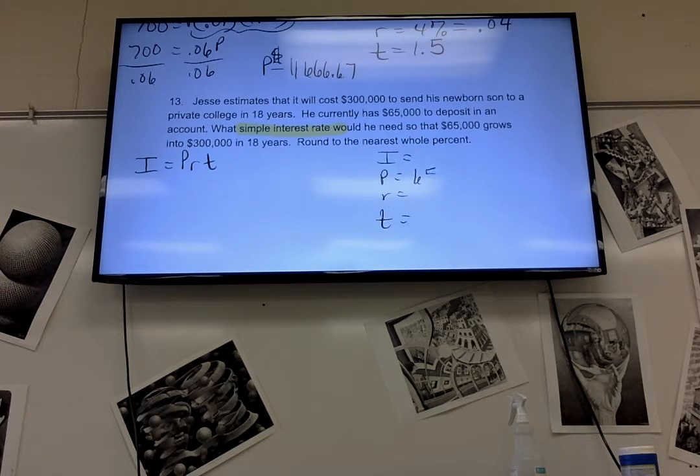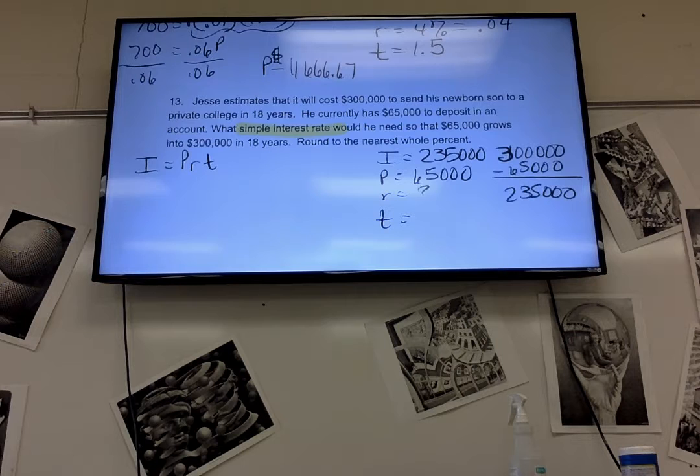P is $65,000 because that's what he has. Now to find the interest, I'm going to have to take $300,000 and subtract $65,000, so I know how much he has to earn. So it's $235,000. That's the interest.